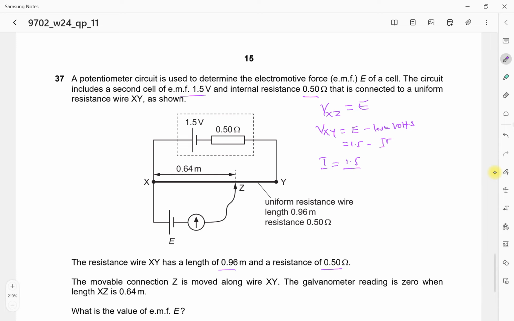I'm just going to use V, or EMF, over total resistance. That is the current.